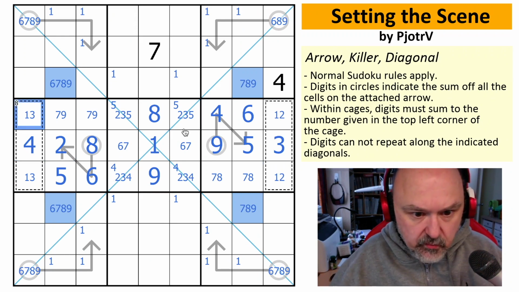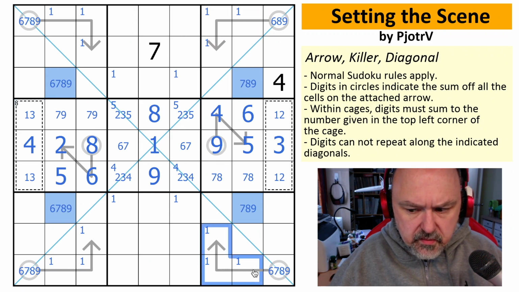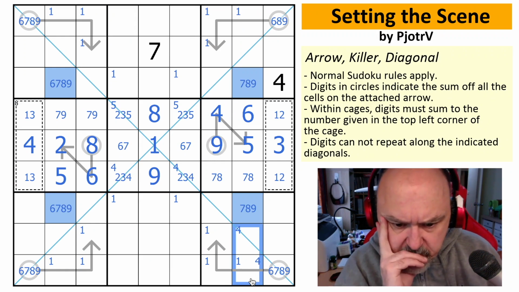That's not a 4 anymore. So 4 must be in one of those two.